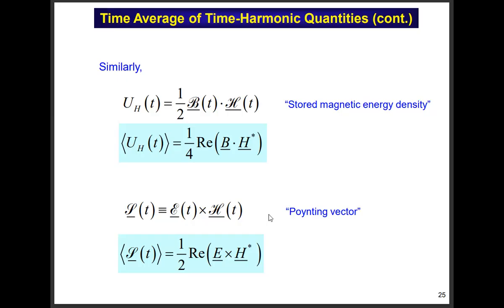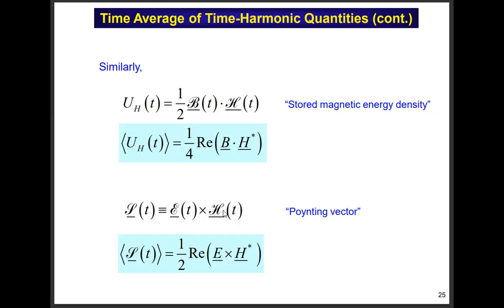But anyway, just looking ahead, in the time domain, this is supposed to be that hand script S again. The symbol for the Poynting vector is S. Capital S, but that's what it looks like in hand script. Hard to recognize, but it's supposed to be an S. In the time domain, as we'll see, it's defined to be E vector cross H vector, the electric field vector cross product with the magnetic field vector.